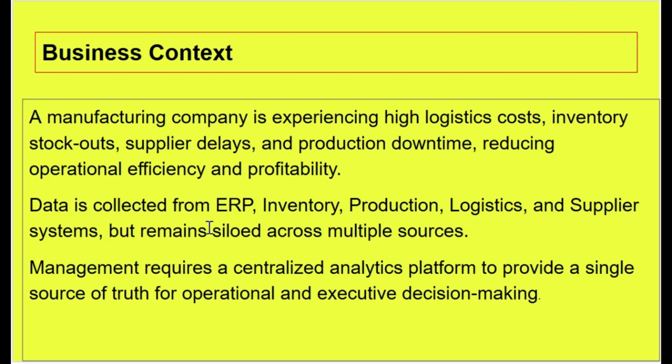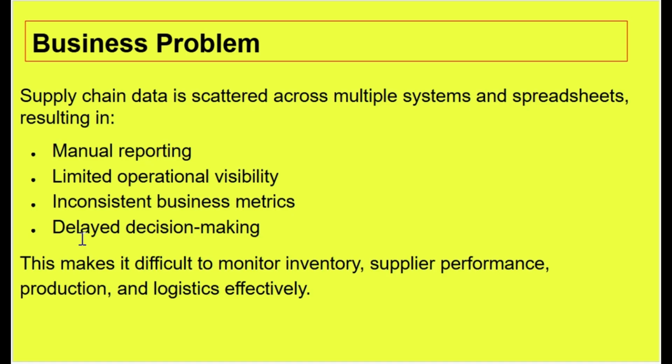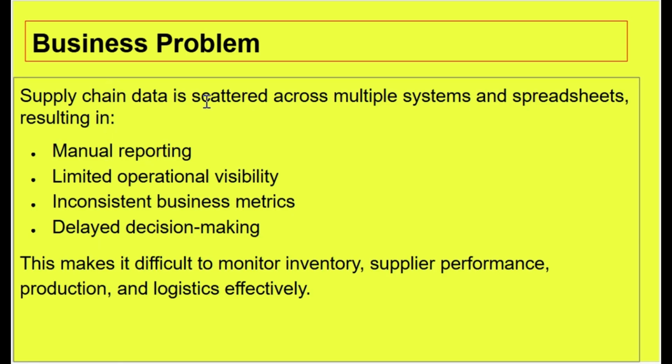Now let's understand the real business problem here. The business problem is that supply chain data is scattered across multiple systems and spreadsheets, resulting in manual reporting, limited operational visibility, inconsistent business metrics, and delayed decision making.